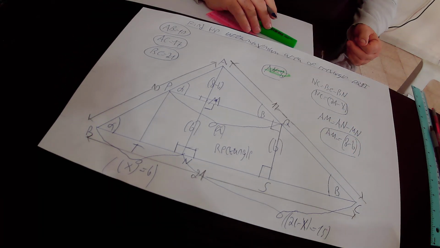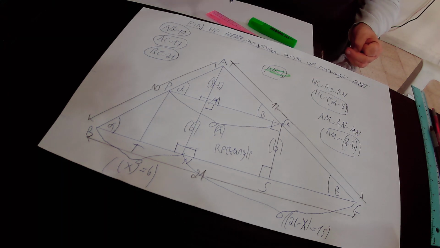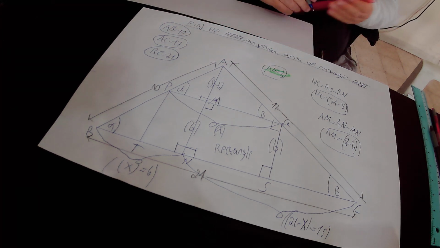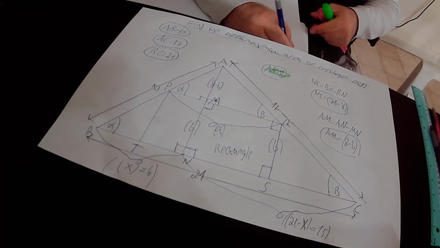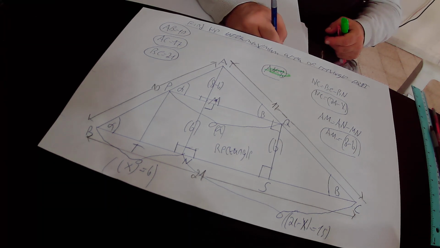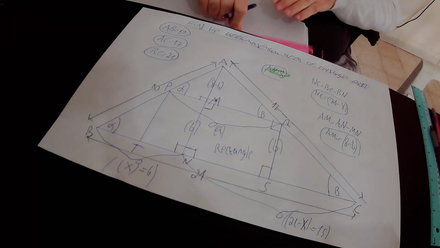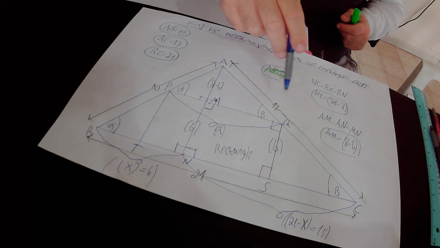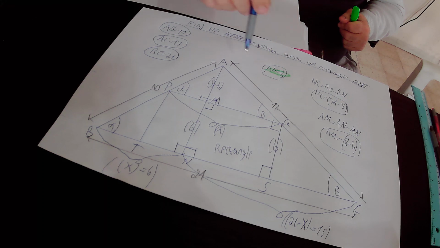In the next step, we'll prove that the big triangle ABC is similar to the small triangle APQ. Okay. So why is the big triangle ABC similar to the small triangle APQ?